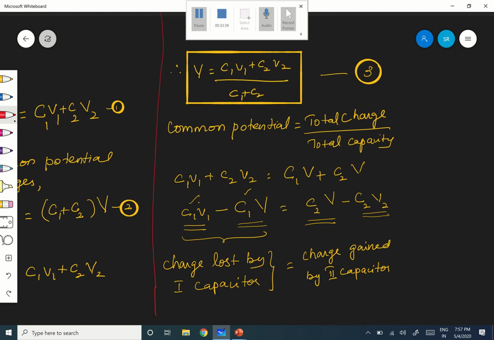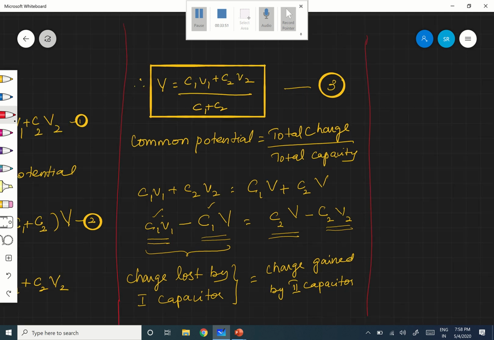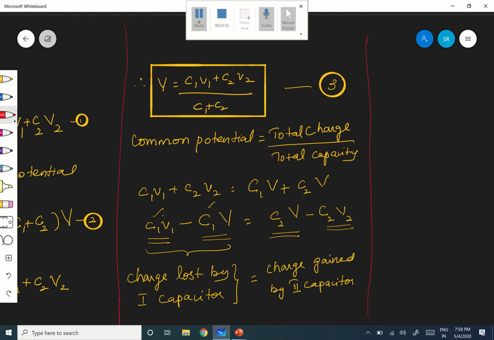Now shall we go for the next, if they are connected in series, then what will happen? See, this derivation is not required. Just for problem sake, if it is asked, I will give you the common potential. That's enough. Sorry, parallel is over; we have seen parallel only.